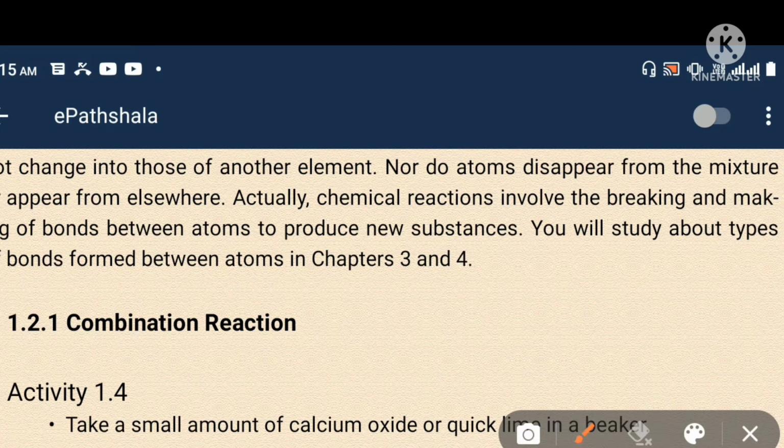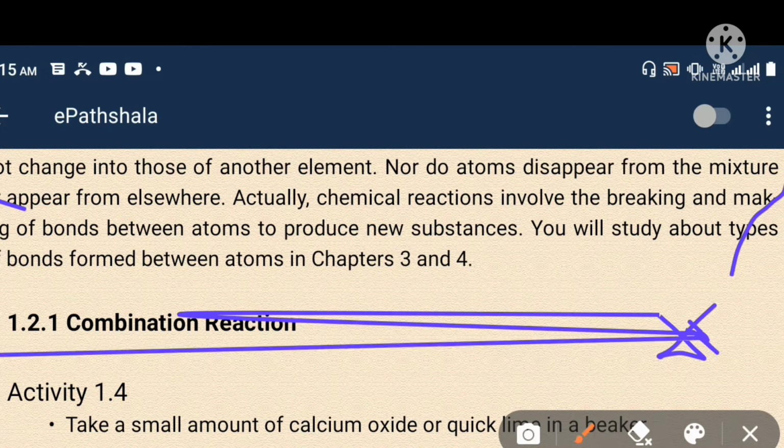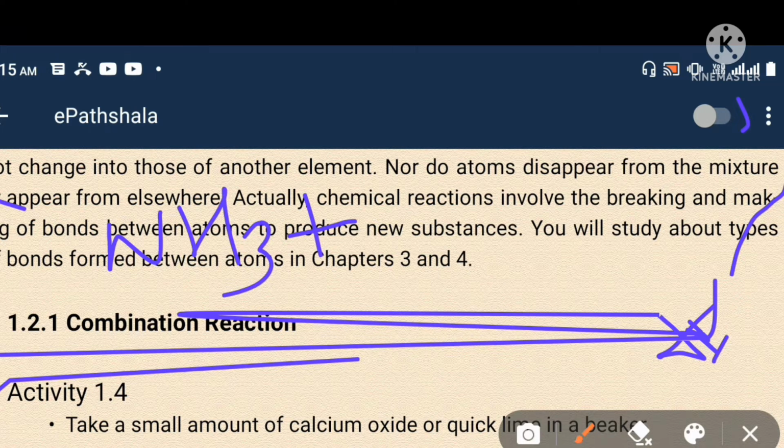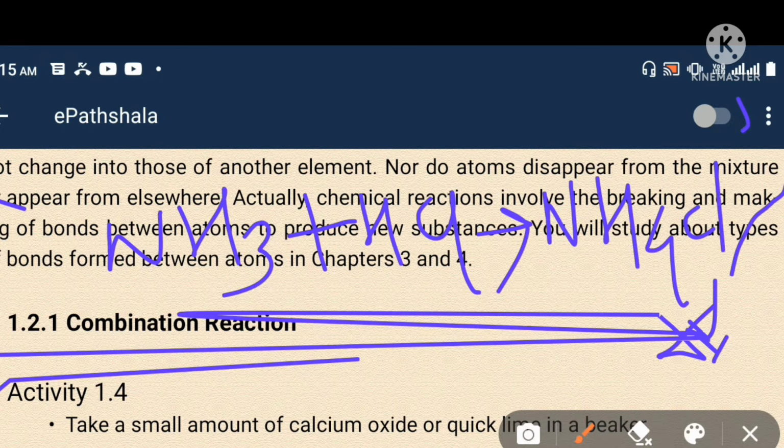Next, ammonia plus acid forms ammonium chloride, like NH3 plus HCl forms NH4Cl.